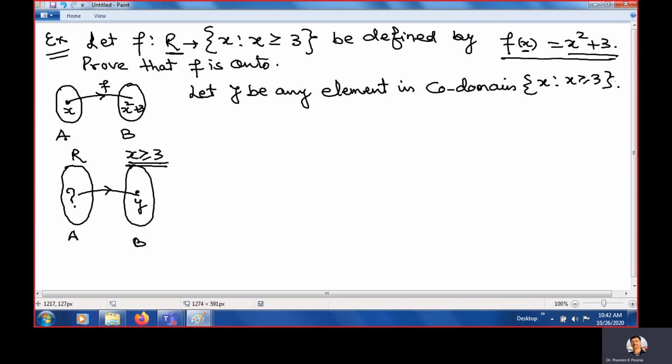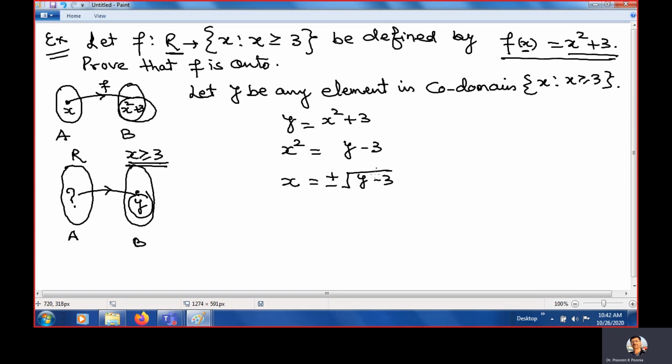So y is any element, and it will be equal to x square plus 3. So let us find the value of x. It is y minus 3, and x equals, if we take square root, plus minus square root of y minus 3. Clear?